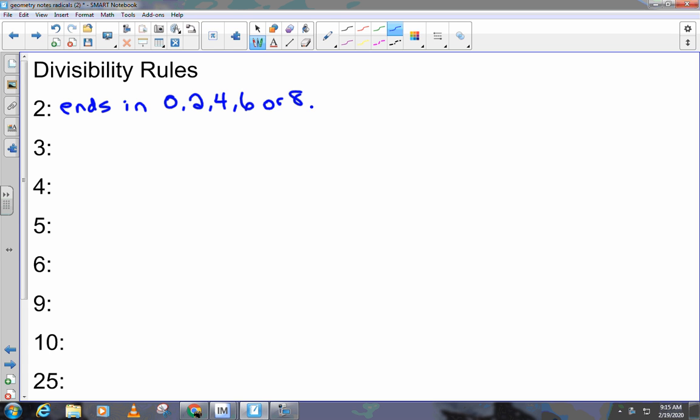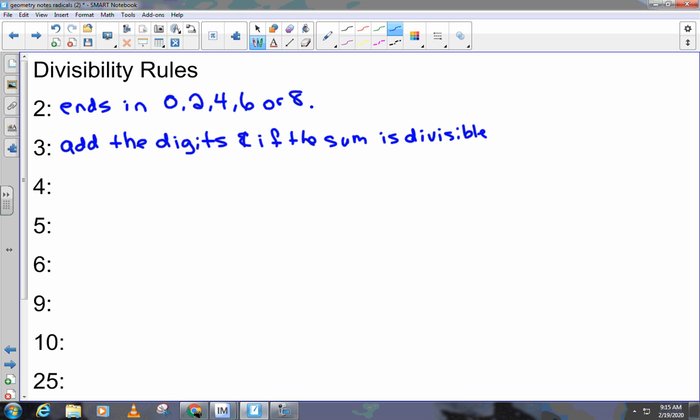You add all the digits together, and if the sum is divisible by 3, then the entire number is divisible by 3. So, you add the digits, and if the sum is divisible by 3, then the number is.